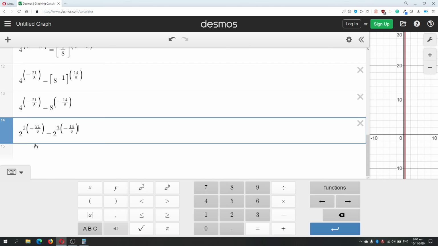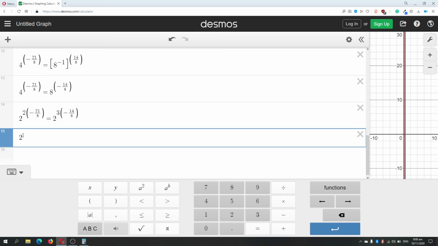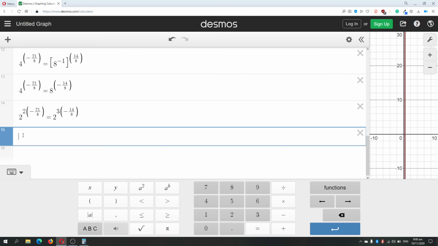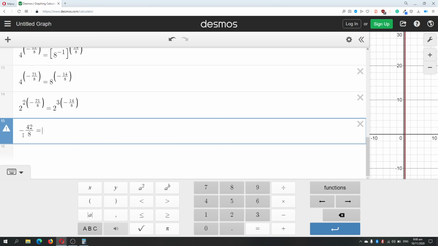So, paano sila magiging equal? So, 2 multiplied by negative 21 is equal to negative 42 over 8, is equal to 3 multiplied by negative 14, which is negative 42 over 8.